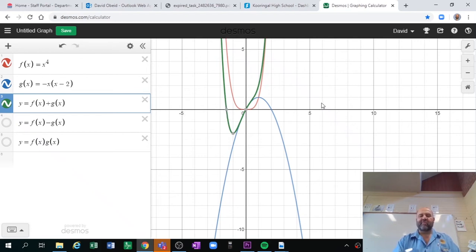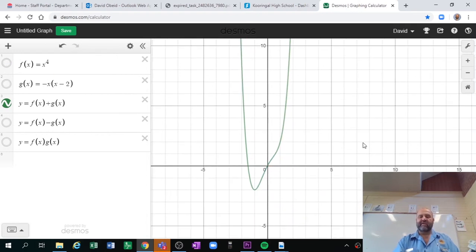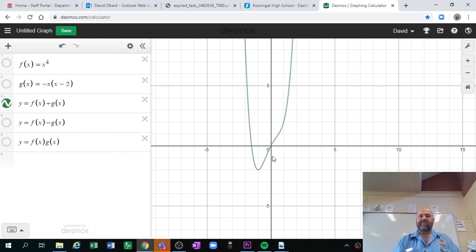But let's zoom out a little bit. You've seen what each graph individually looks like. Let me remove f of x and g of x, and we'll just look at the sum. That's what it looks like there. You can see the curves were being added.